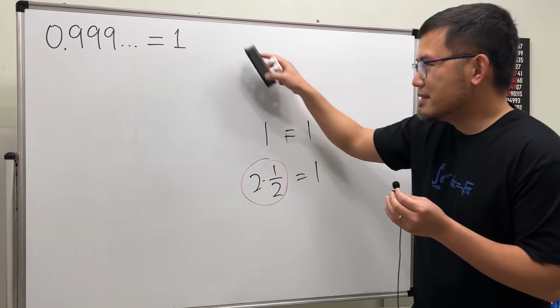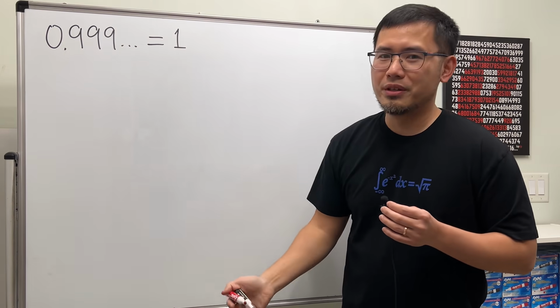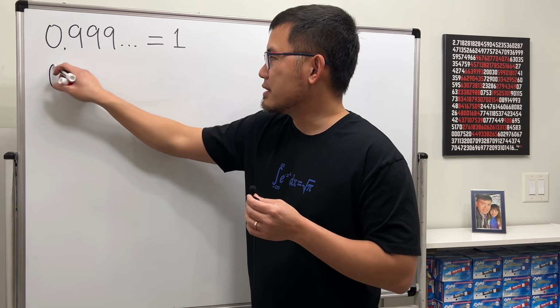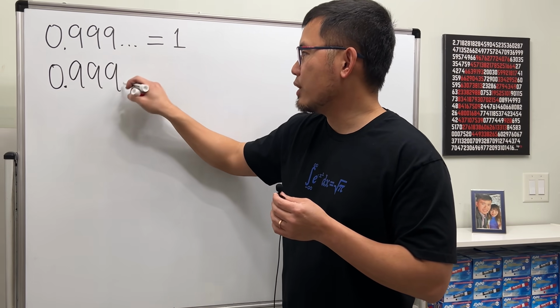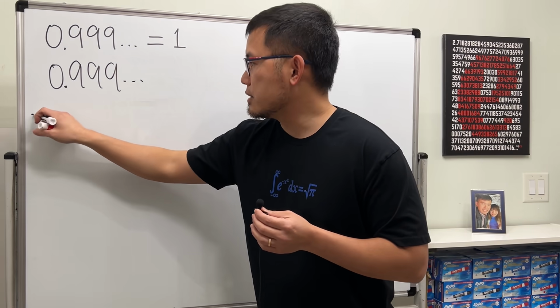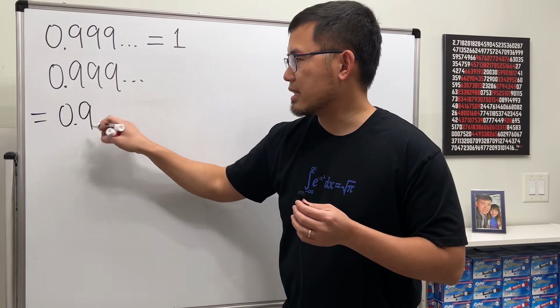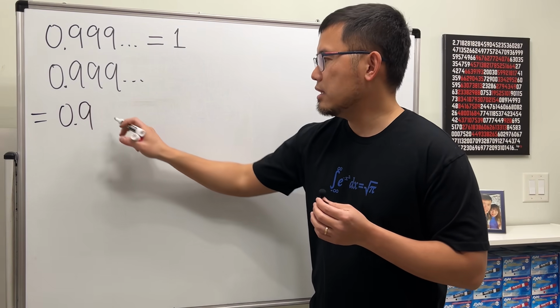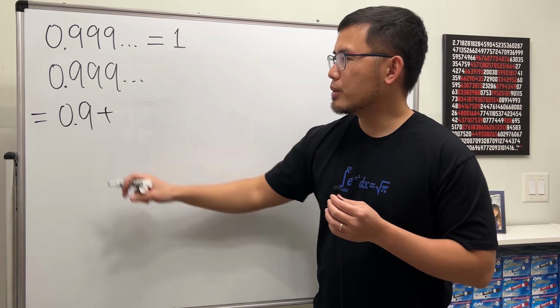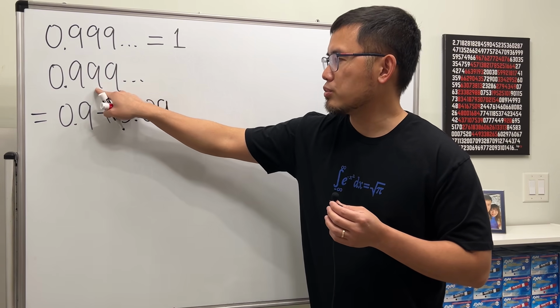In order to make sense of this, you have to really understand what exactly is going on here. I'm going to start from the left hand side, 0.999 repeating. What does this mean though? First, we can look at this as 0.9, the first number, and then we are going to add this with the next number, which is 0.09, the hundredth place right here.